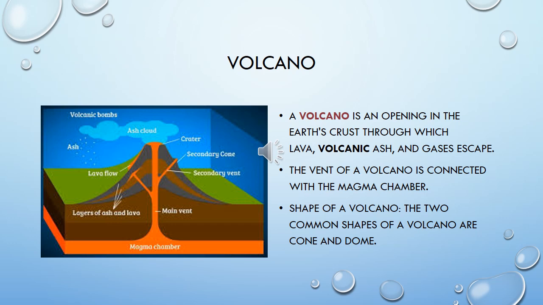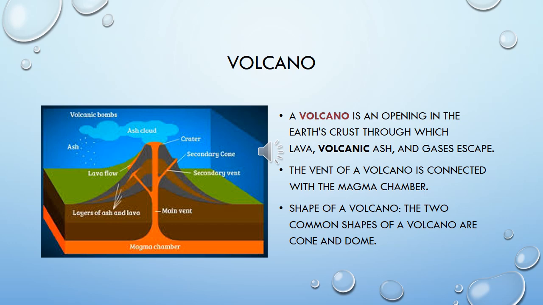Then at the top there is a crater, which is the mouth from which the volcanic ash and the magma is ejected, and when the same magma comes out and solidifies, it is called lava.